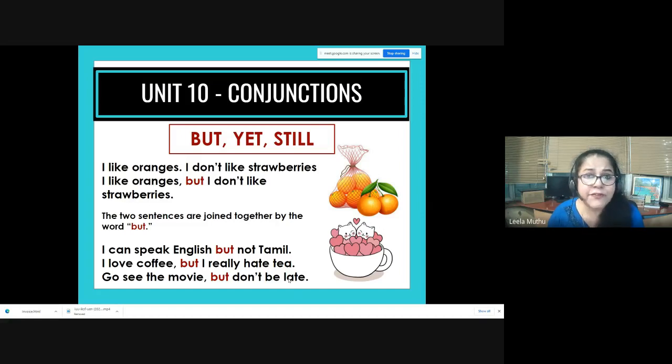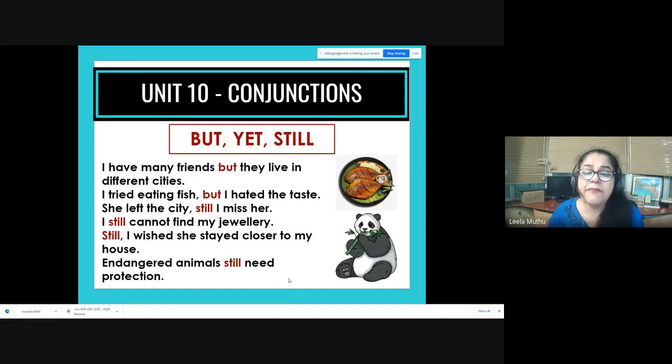I love coffee, but I hate tea. Love, hate, two opposite ideas which are being joined together by the conjunction but. Go see the movie, but don't be late. I'm allowing you to see the movie, but on one condition, don't be late. I have many friends whom I'd love to visit all day, but I can't because they live in different cities.